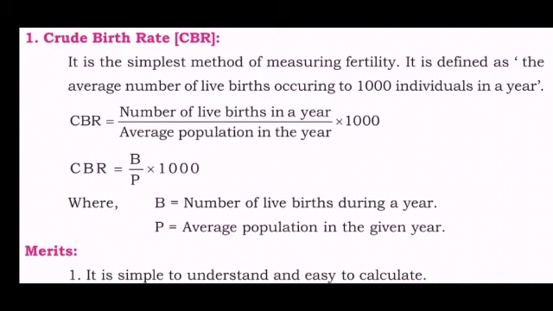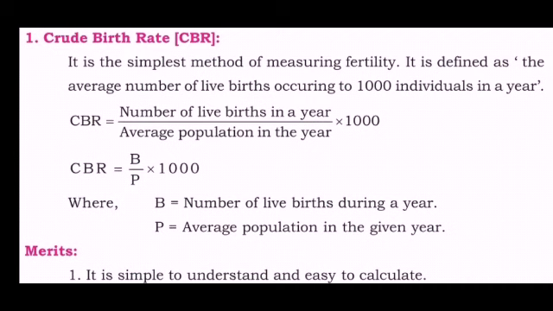So average population means here, we already discussed the population in the last class. For calculation of population, the formula is P T is equal to P naught plus births minus deaths plus immigrants minus emigrants. In that formula, P T indicates population at the end of the year and P naught indicates population at the beginning of the year.